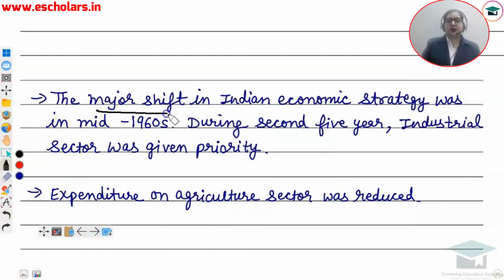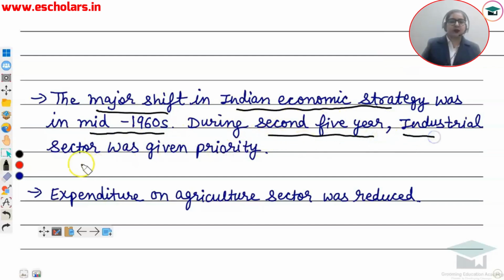Now students, the major shift in Indian economic strategy was in mid-1960s. During second 5-year plan, industrial sector was given priority. Under the second 5-year plan, that is the plan from 1956 to 1960, industrial sector was given importance.